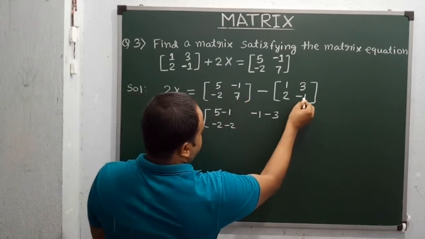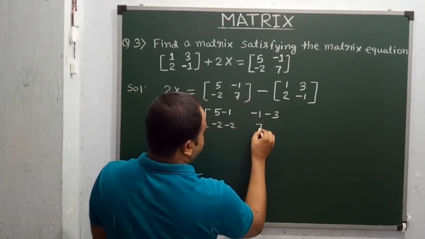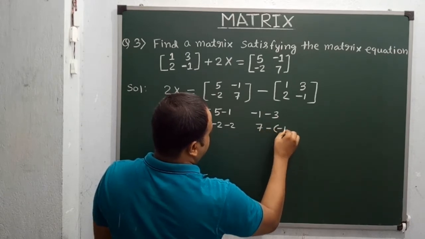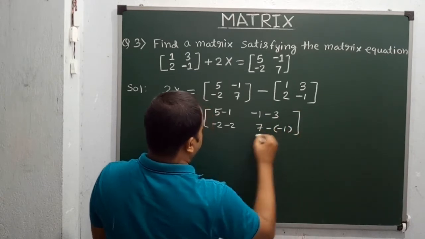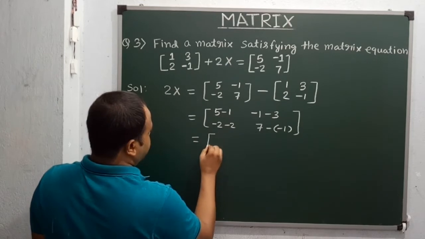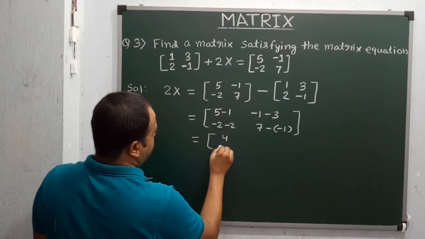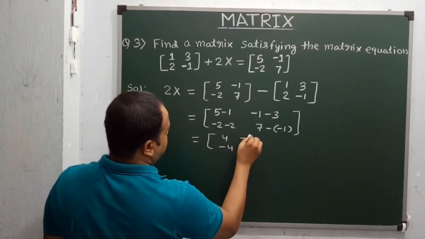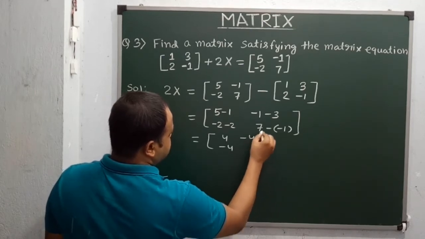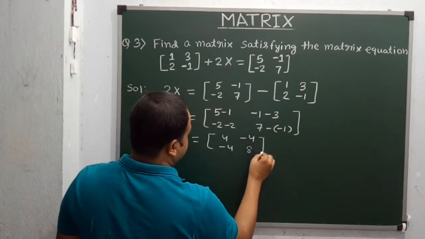Then 7 minus of minus 1, which means 7 plus 1. We are getting here 4, minus 4, minus 4, and 7 plus 1 is 8.